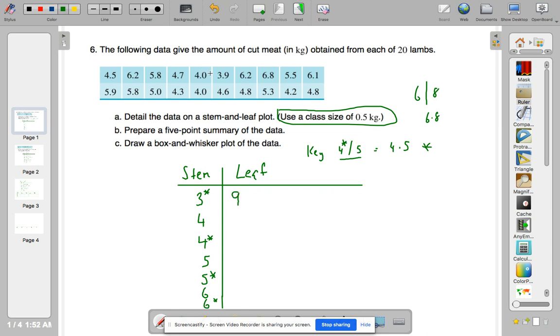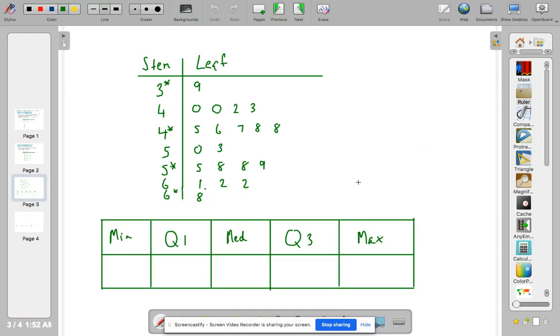Then I've got the 4s, starting with the lower 4s. I've got a couple of 4.0s, so 4.0 and another 4.0, and so on. I won't go through the whole table because on the next slide you'll see the completed table.